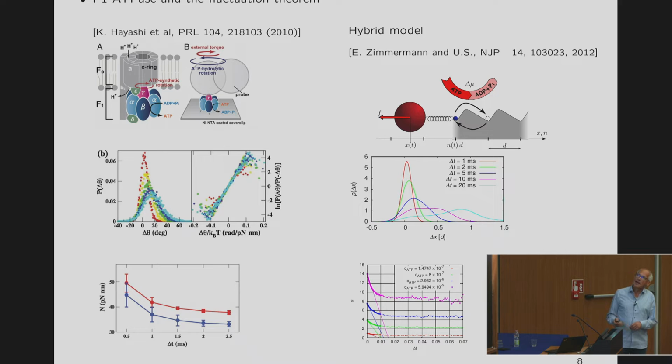molecule. This group, 10 years ago, tried to apply the fluctuation theorem to measurement of traces I've shown you on the first slide. So they measured the angle distribution after a certain time. And when you take the angle as a proxy for entropy production, then you would try to apply this fluctuation theorem, and indeed they get a nice straight line.